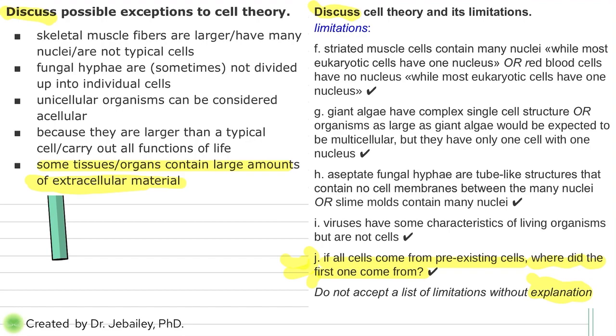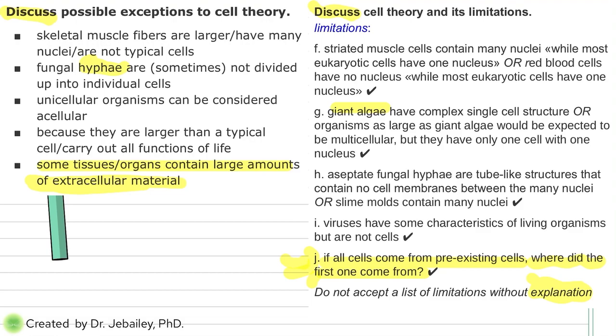So why skeletal muscles? Because skeletal muscle has many nuclei within that one cell. Why the hyphae? Because again, this cell is not divided into many cells. It's one cell which has all its cytoplasm connected. Or you talk about the giant algae, which is just one cell that is so huge, but it does not divide like the other organisms.